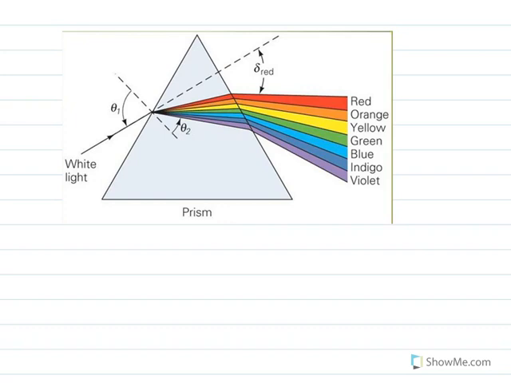So in the earlier slide we saw the cause of dispersion was because of the different angles of deviation. The red light was least, and when it came to the blue light, the deviation was much more. So if I ask you the question, which light has maximum refractive index? Now remember, refractive index is the extent of bending. Now who bends maximum? That is violet.